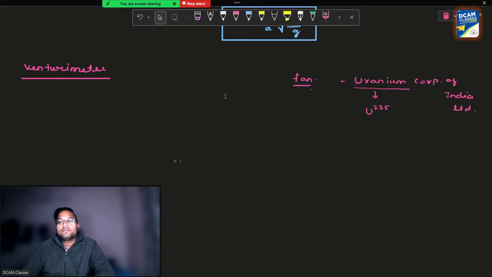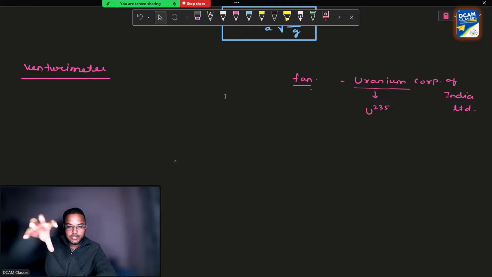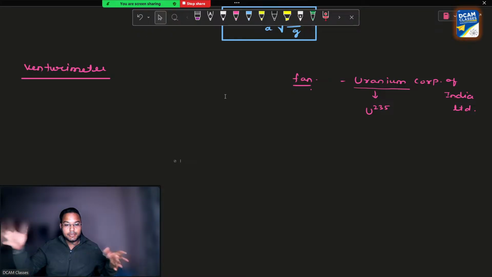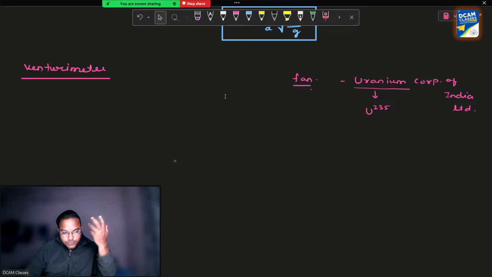Everything was under my control. So they used to drill it and extract the ore. The ore was very big boulders. It used to come out, then go to another plant at Jadugoda, and there through a chemical process they used to create yellow cake. That yellow cake goes to the Hyderabad Nuclear Fuel Complex, and from there the actual final form of uranium is got, that we see that is used in bombs.